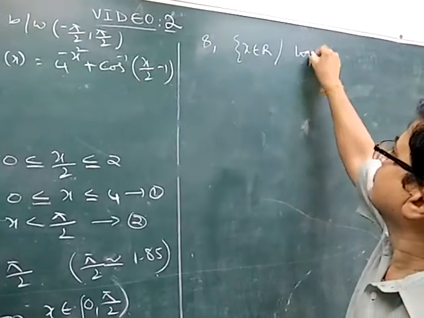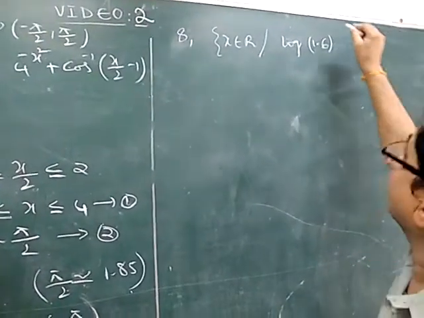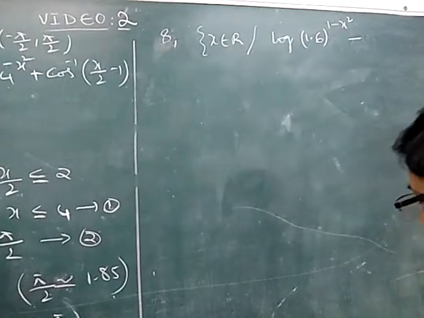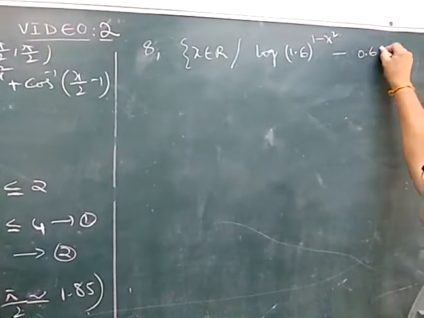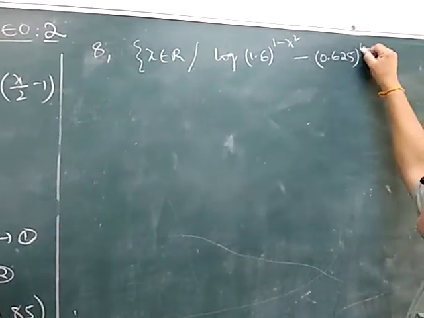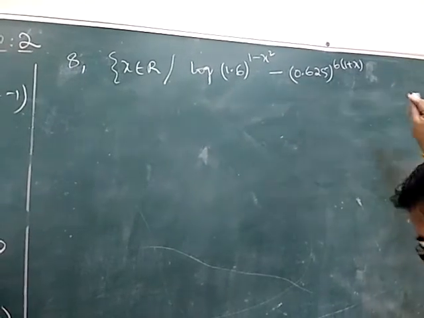Log of (1.6) whole to the power 1 minus x square minus (0.625) whole to the power 6 into 1 plus x.